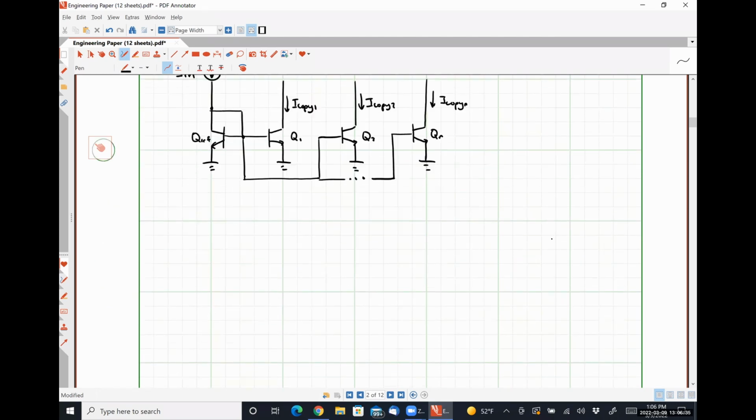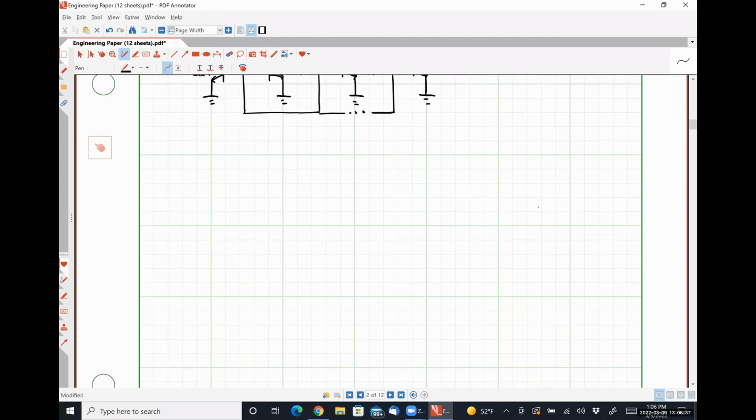So let's look at case number 1. Scaling, what I'm going to call Q copy. All right.